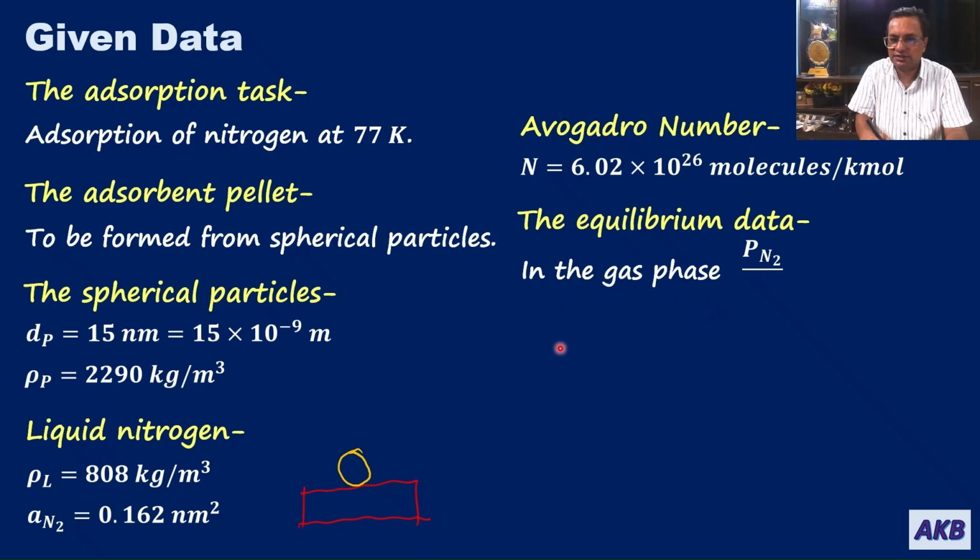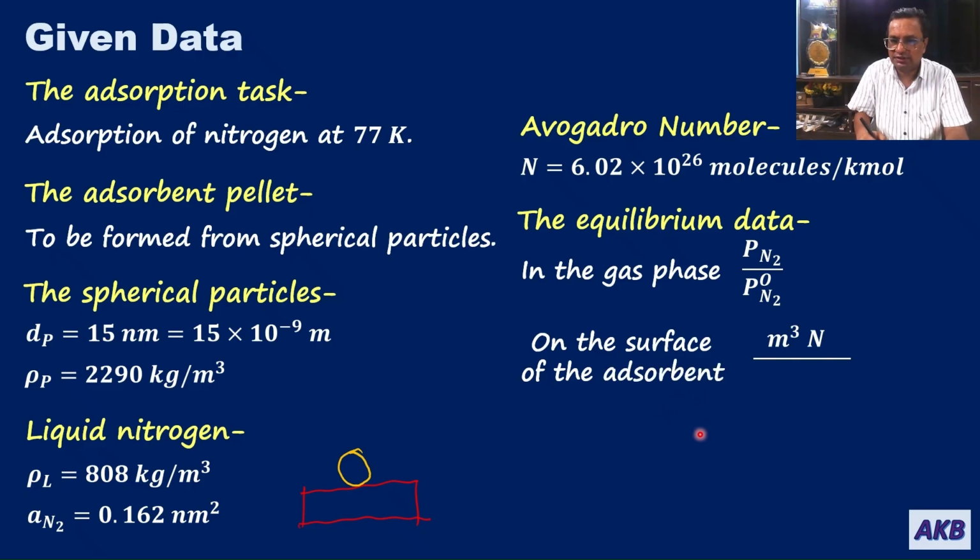So in the gas phase, you have the ratio of partial pressure of N2 to vapor pressure of N2 at the prevailing temperature. And on the surface of the adsorbent, we have meter cube of nitrogen per kg of solid into 10 to the power 6.